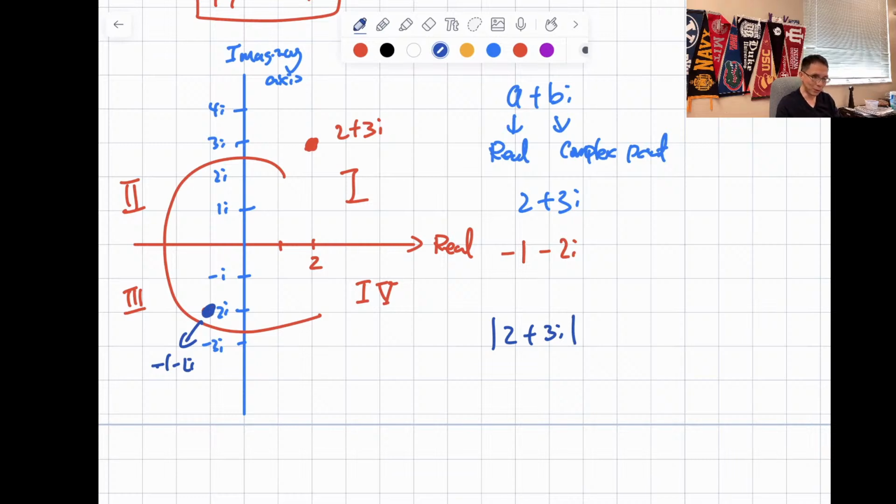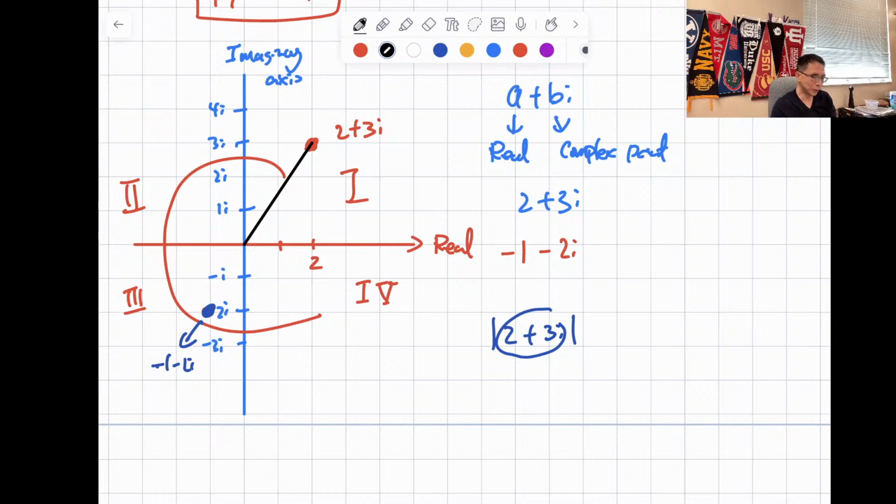So if I ever ask you the absolute value of 2 plus 3i, another name for it is modulus. And sometimes people use magnitude. But then you say, okay, how do I find the absolute value? That doesn't make sense. So we don't call it absolute value. We actually call this line here, this distance, that.